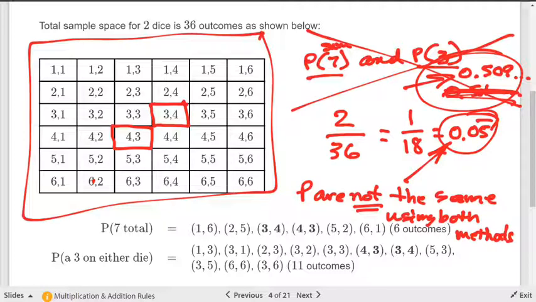Now, can you always use the multiplication rule? No. Most of the time, yes, but not if the events are not independent. So if you know you have to get an exact pattern, or something about it changes, then you know you can't. But if you do the probability both ways and you don't get the same answer, you know that they're not independent and the multiplication rule fails.